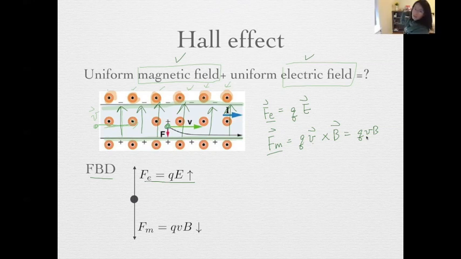And my field is out of page. So you can see that my force is going downward. So the magnetic force is downward. So in total, if I send a charge here, this charge is going to feel these two forces.